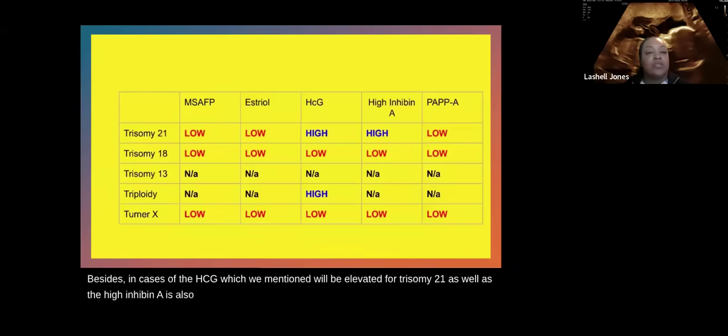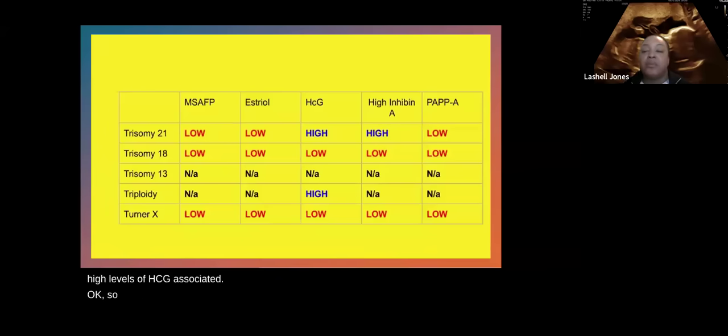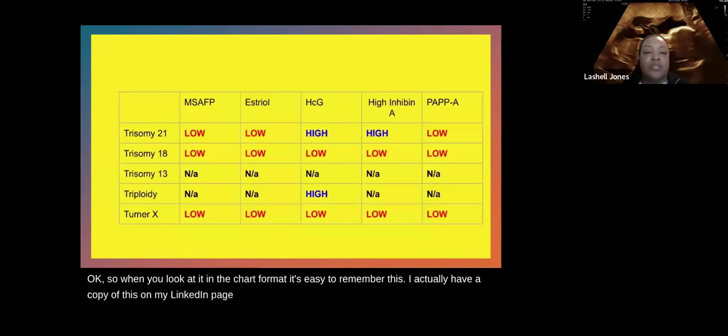But everything else, as you see, is pretty standardly low. And in cases of triploidy, it will have extremely, extremely high levels of HCG. Okay, so when you look at it in a chart format, it's easy to remember this. I actually have a copy of this on my LinkedIn page, but if anyone wants a copy of this, just let me know and I can email it to them.